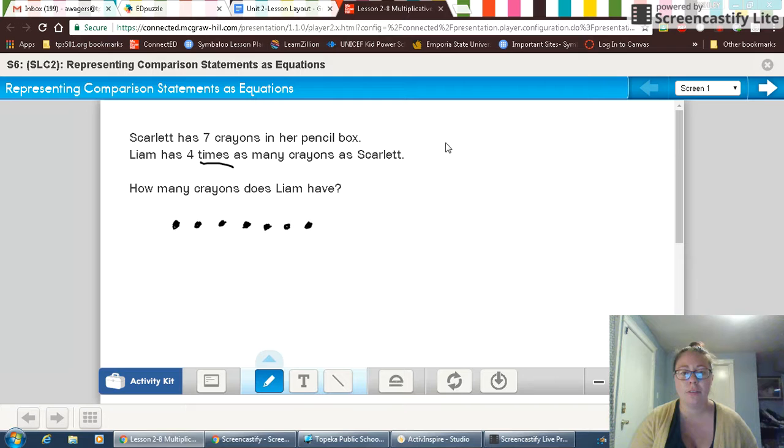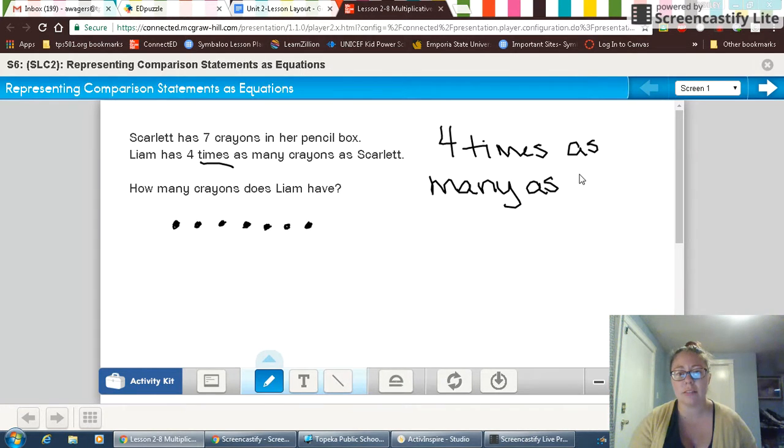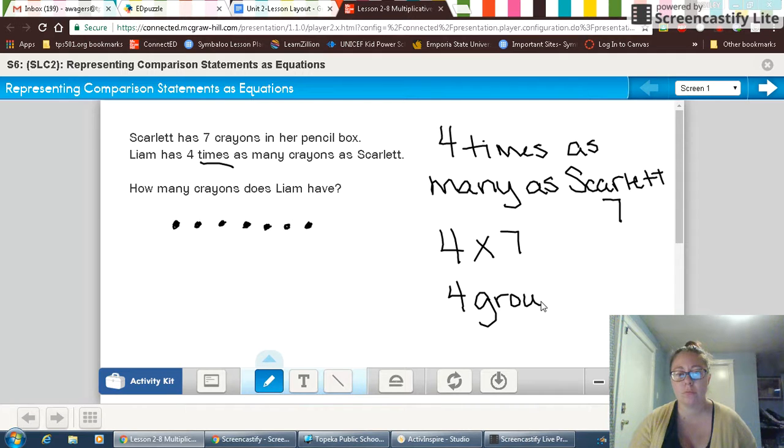So if I'm saying 4 times as many as Scarlett, and Scarlett has 7, I'm really saying 4 times 7, or 4 groups of 7. Multiplication or times is another way of saying groups of.